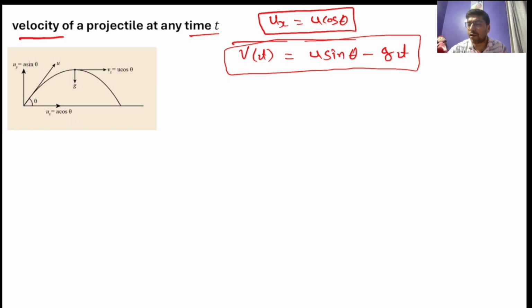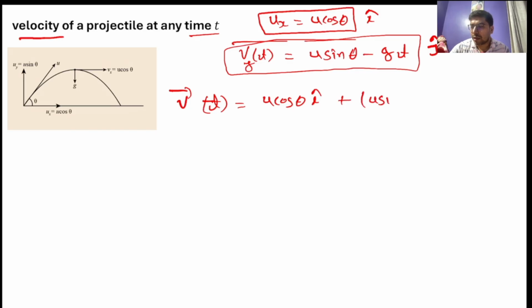So the x component we consider as i cap, and the vertical y component as j cap. So finally the velocity vector at any time t is u cos theta i cap plus (u sine theta minus gt) j cap.